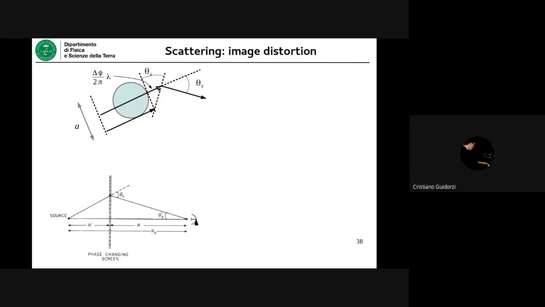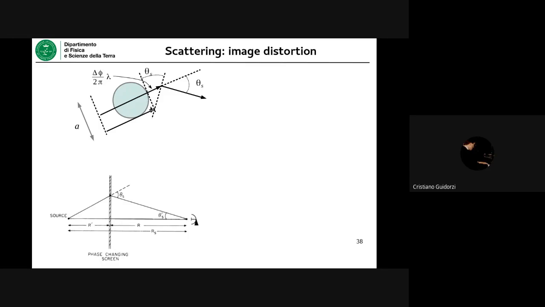So let's calculate this. In particular, as I told you, delta theta s is the angle by which the wavefront, which was here, has been rotated from this to this. So this is indeed the angle I'm looking for.